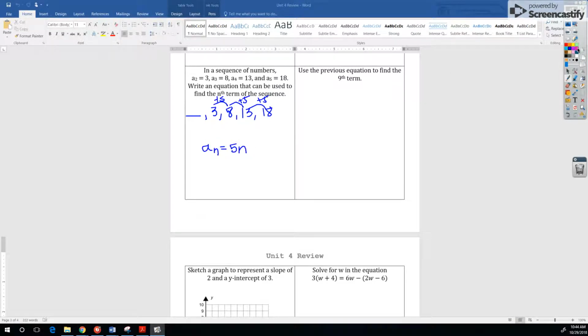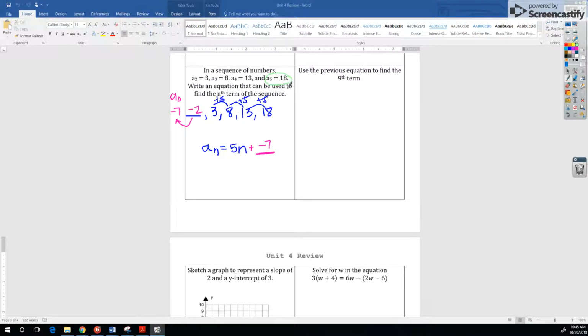Now I need to go back and figure out what the first term would be, and then go back and find the 0 term, because that's the number that goes right there. So what did I add 5 to get 3? -2. What do I add 5 to get -2? -7. I'm going to test this out and make sure it works.